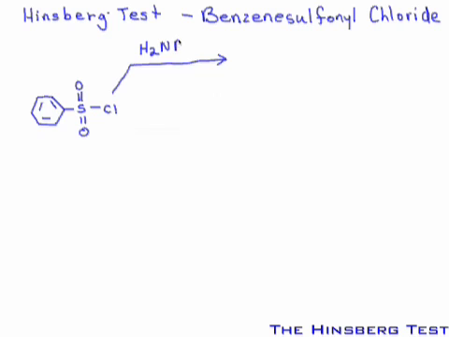So suppose we have a primary amine. We react it in base, and the reaction produces what is called a benzene sulfonamide.